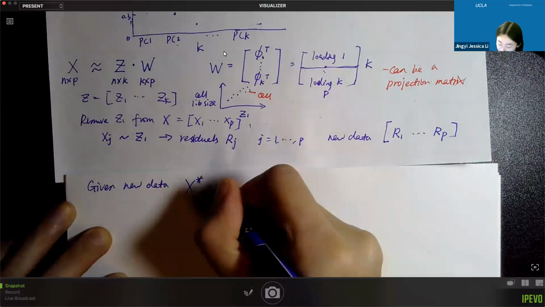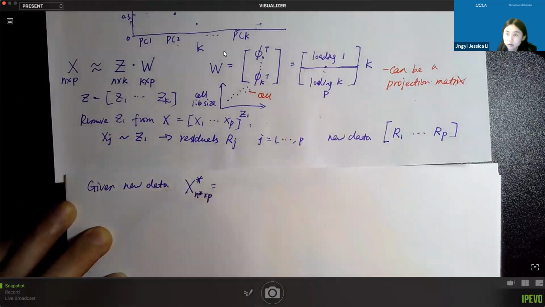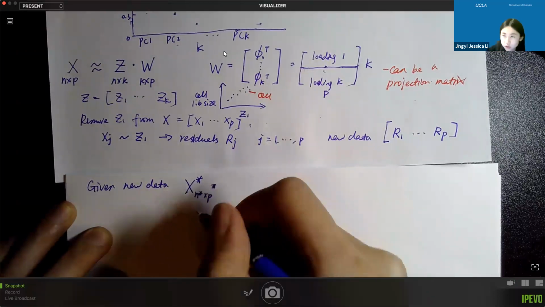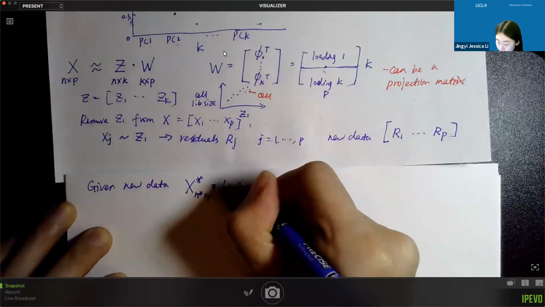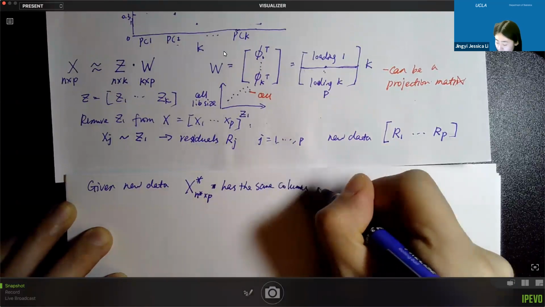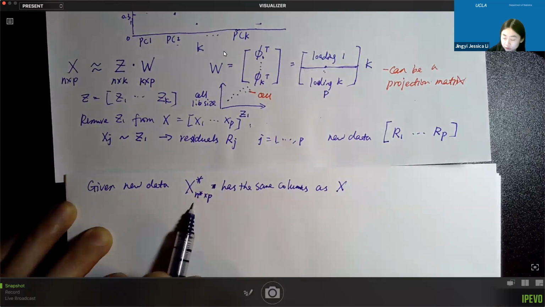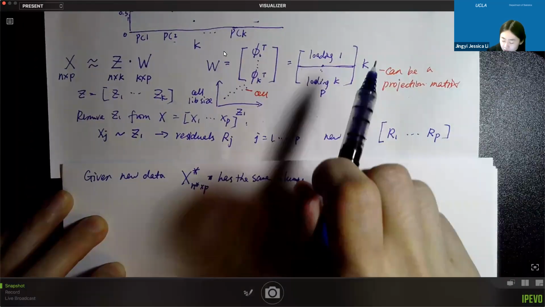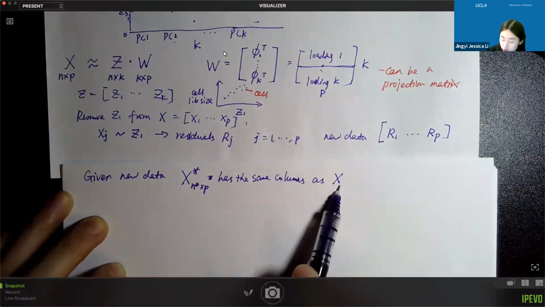So if this is an N star by P matrix, and the P corresponds to the original P, so it has the same columns as X. If this is your new data, you want to project it to the same k-dimensional space, so you can compare these N star cells with the original N cells.